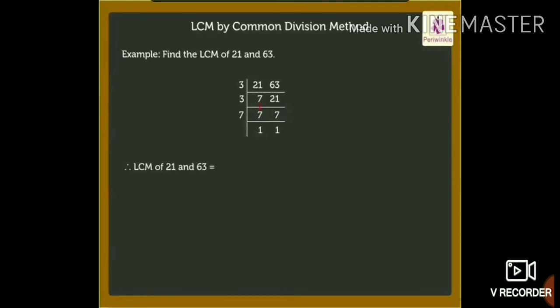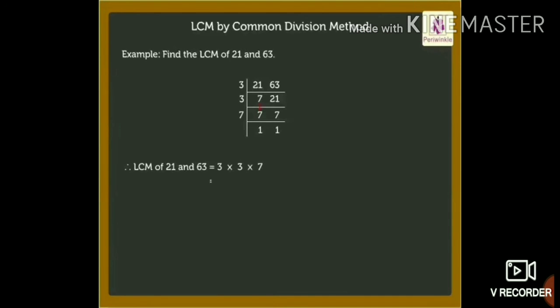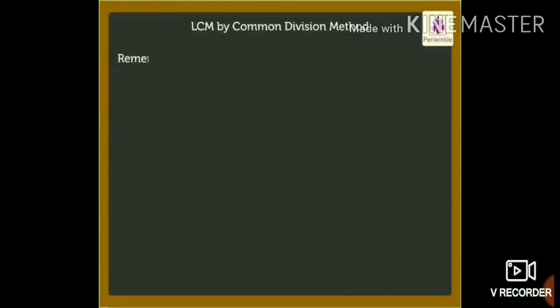The product of the prime numbers is 3 into 3 into 7. So 3 3s are 9. 9 into 7 is 63. Now the LCM is 63.